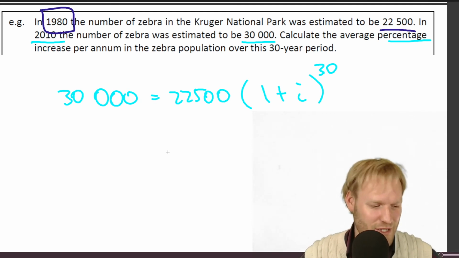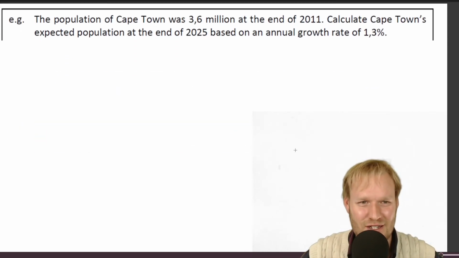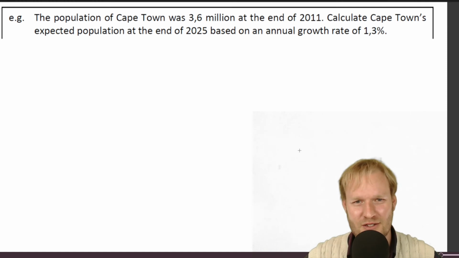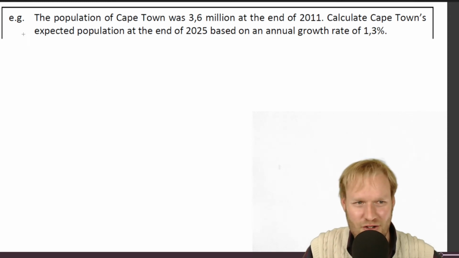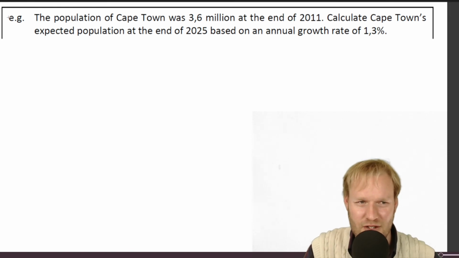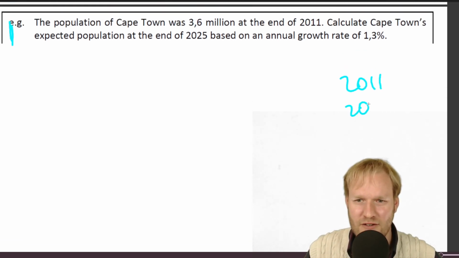Cool. And you've done something and you're like, I got something. Our last example: the population of Cape Town was apparently 3.6 million at the end of 2011. Calculate Cape Town's expected population based on that figure at the end of 2025, based on an annual growth rate of 1.3%. Two questions that are vaguely related to this. First, what do you think this calculation will give us? If there's 3.6 million in 2011 and we're trying to see how many there are in 2025, that's 14 years.